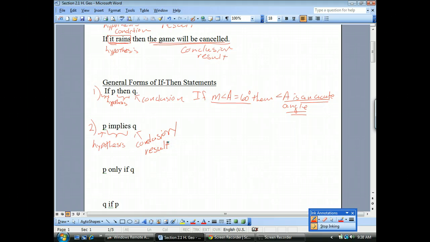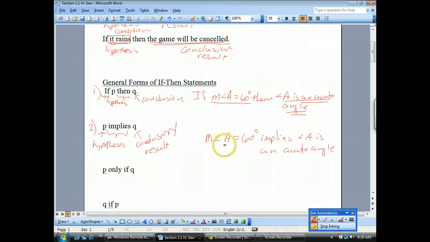So the exact same statement written in this form would be: measure of angle A equals 60 degrees implies that angle A is an acute angle.